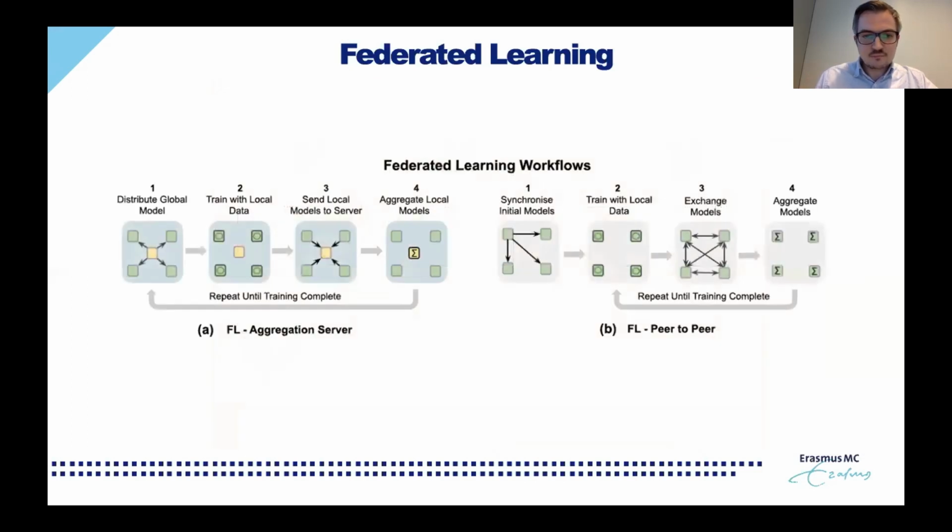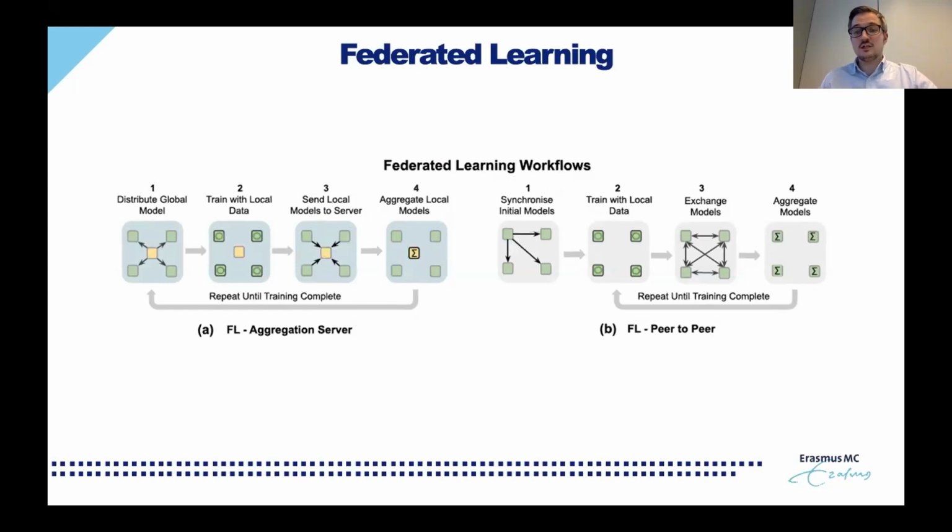And the idea is quite simple. There are different ways to do this. You have a central site. You can see this workflow where you distribute your model to other sites. They run the local analysis, then they share the results with the central site, and the central site aggregates the model results, and you just keep repeating. So basically, you just need a good internet connection, which nowadays is not really a problem.